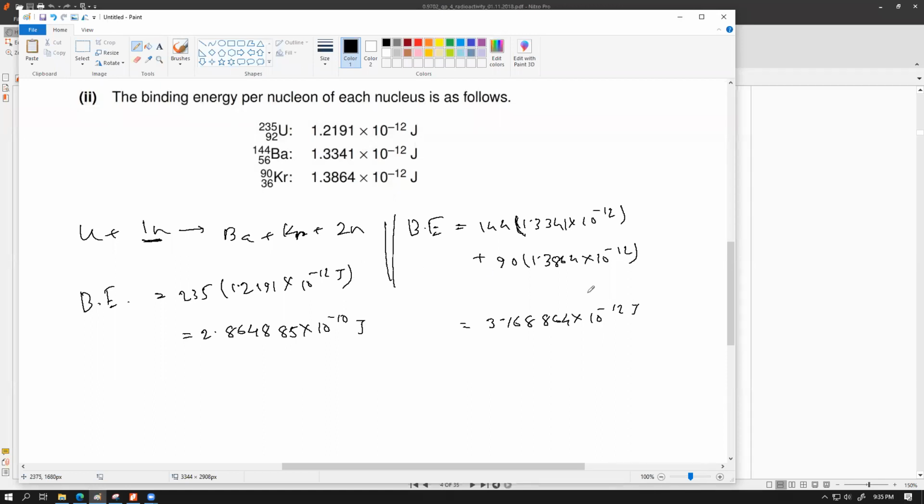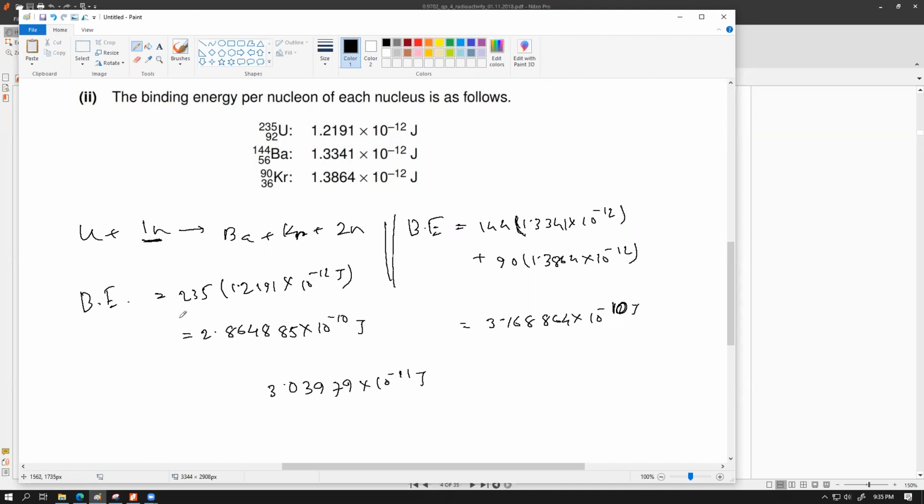Oh sorry, I made a mistake, my bad, thank you. What does it come to when subtracted? 3.168864 minus 2.864885, into 10 to the power minus 10. So this gives me 3.03979 times 10 to the power minus 11 joule.